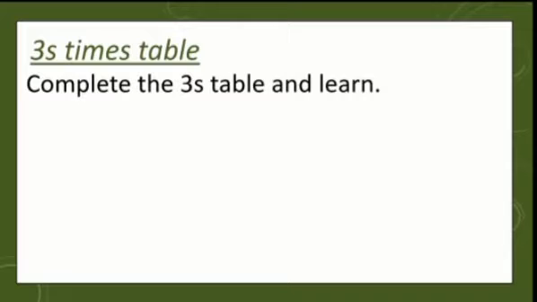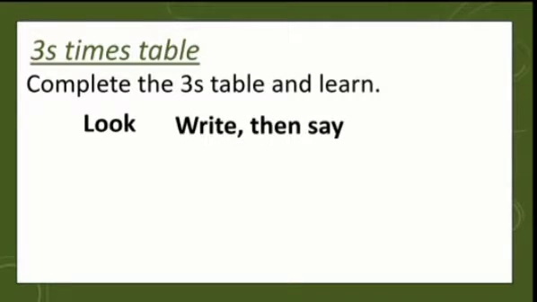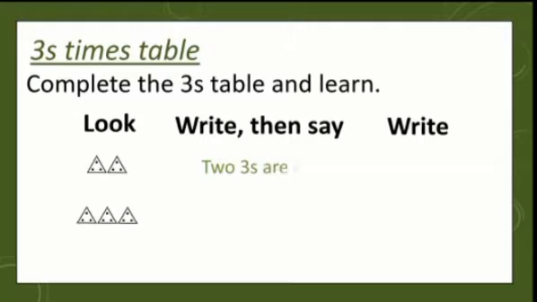Now learn the 3 times table. Have a look first. After that write, then say and write. As you can see, 2 threes are 6 and 2 multiplied by 3 is equal to 6.